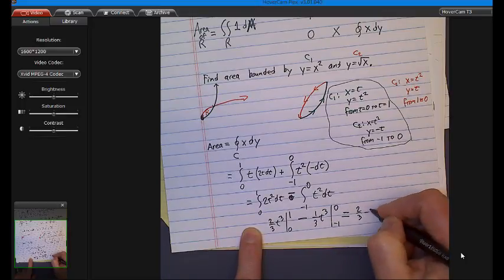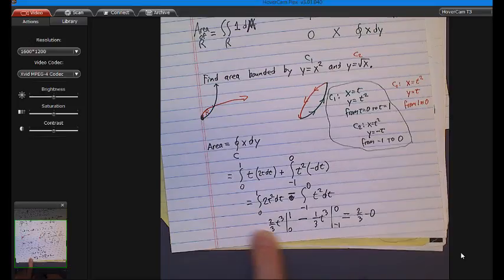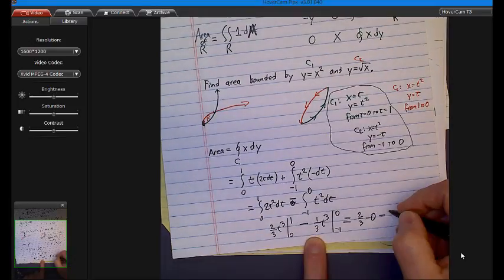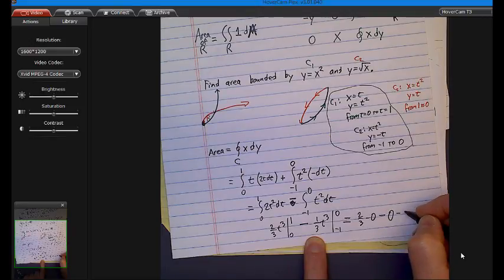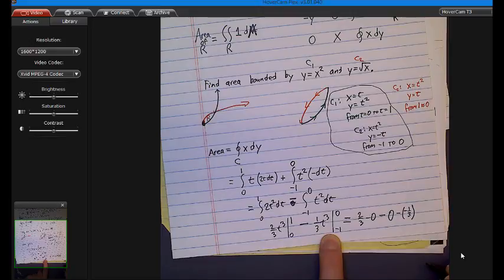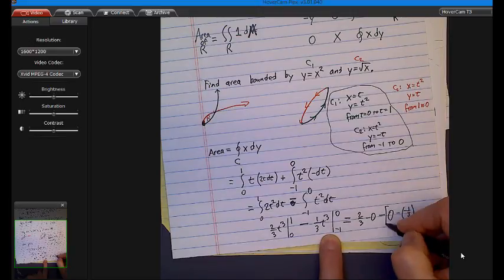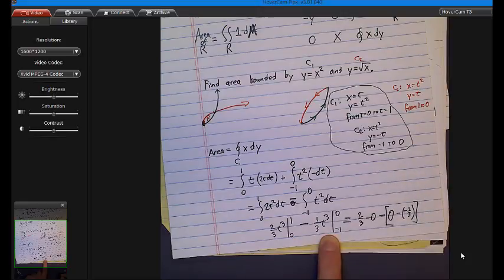So I get 2/3 minus 0 from the first integral, minus 0, and then wouldn't it be minus minus 1/3, right? Throw that in brackets. So it's minus minus minus, which is minus. 2/3 minus 1/3 is 1/3.